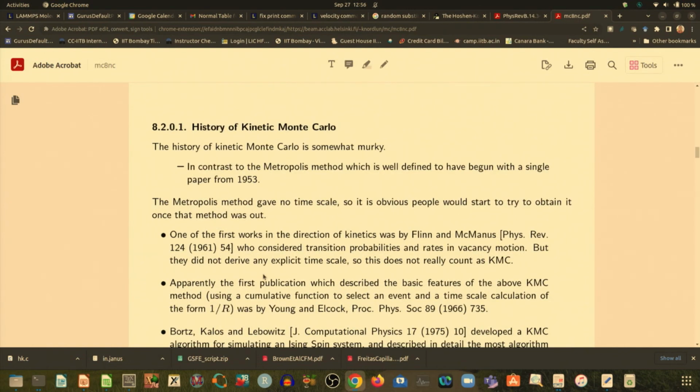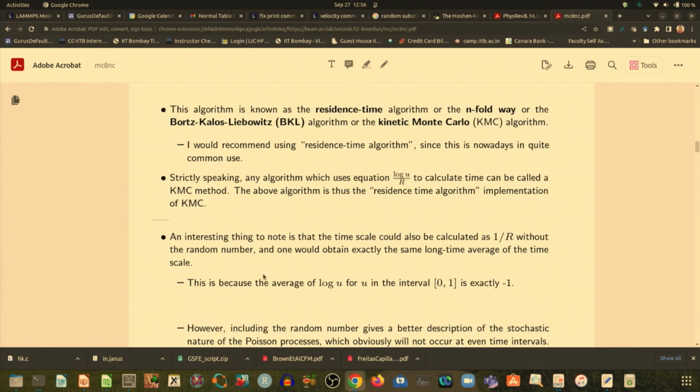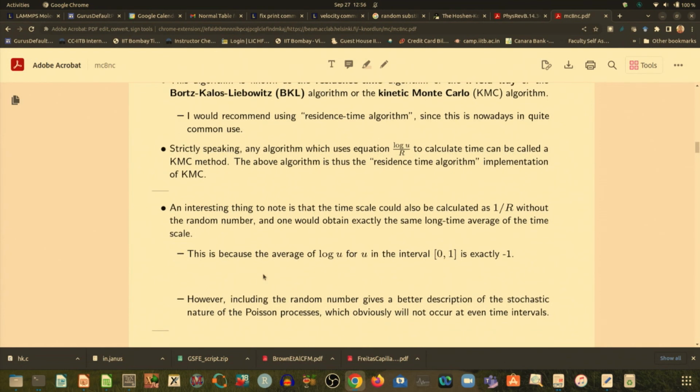One further remark, can you scroll up a bit, because there is a second random number, one page above. 1 by r without the random number, same long time average. This is what you wanted to make, yeah. In principle, what Guru explains is that you choose two random numbers, one to determine the time step, and the other one to determine the proper exchange which is performed.